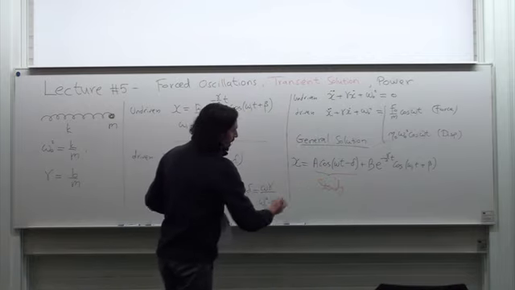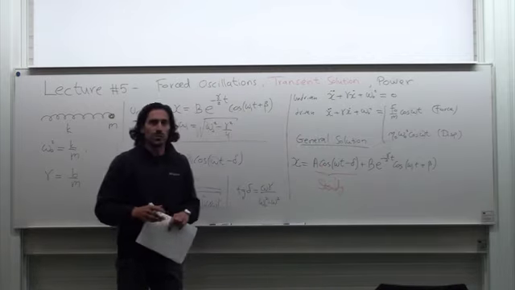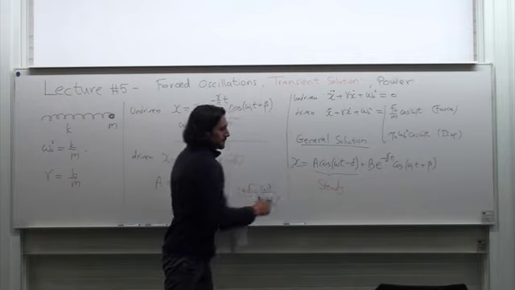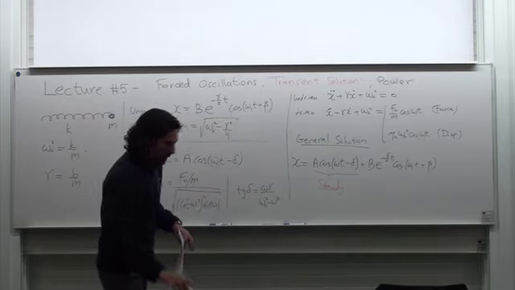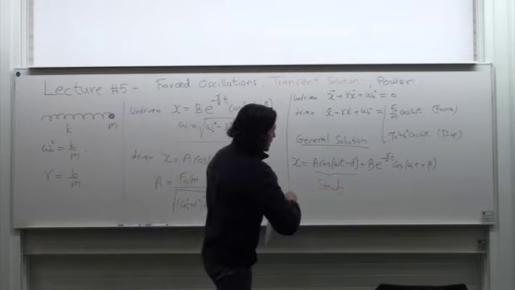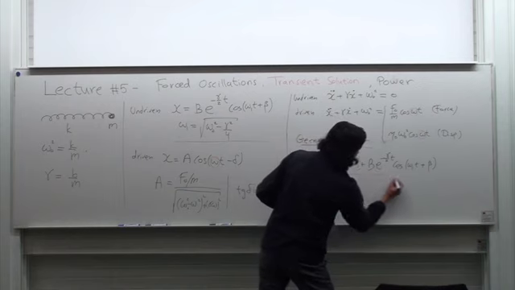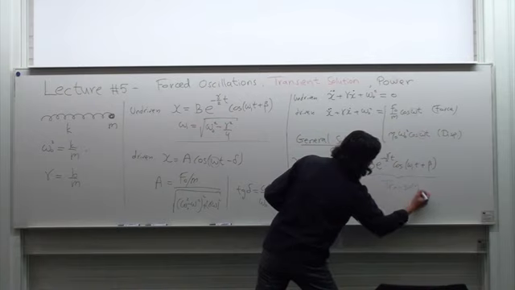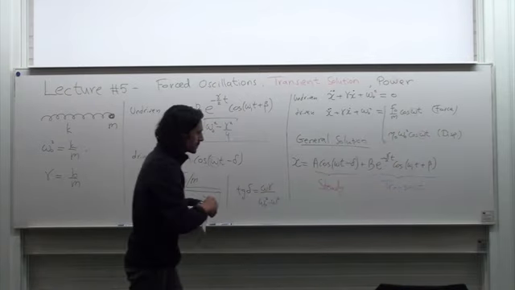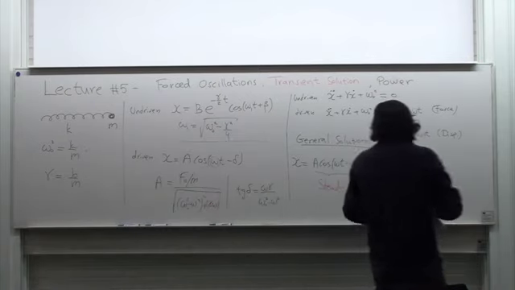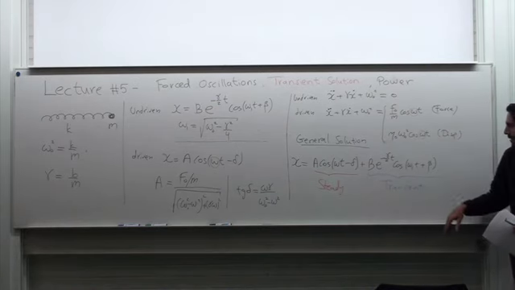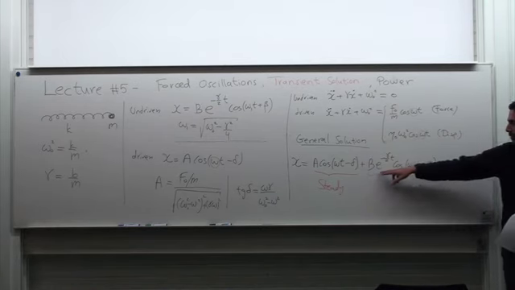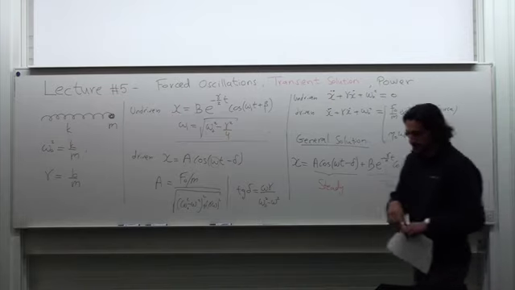You wait enough time, the system would be oscillating with my frequency. And this is the transient. The system would be decaying by a factor of e if you wait a time of 2 over gamma.